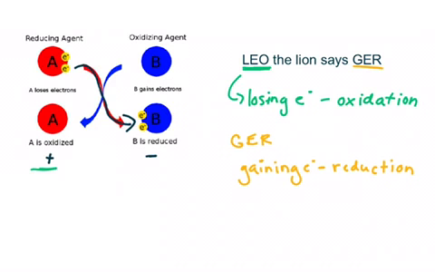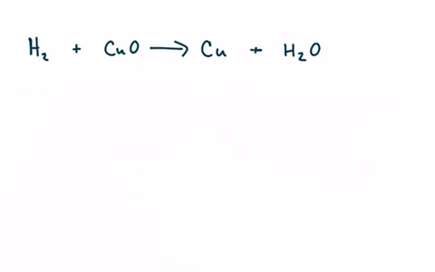So now let's go on to do an example problem that'll be similar to what you'll be expected to do later on. So here we're given a chemical equation, and the first thing we need to do is to check to see if it's a redox equation. So we know that redox equations have changes in the oxidation numbers of the elements, so we first want to go through and assign oxidation numbers to each element in the compound.